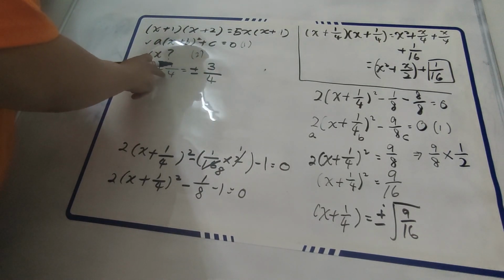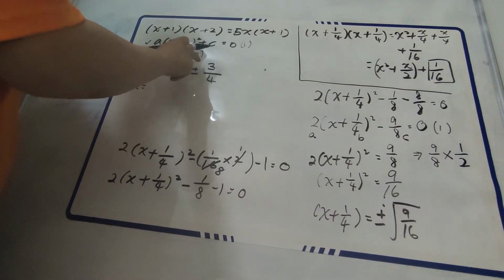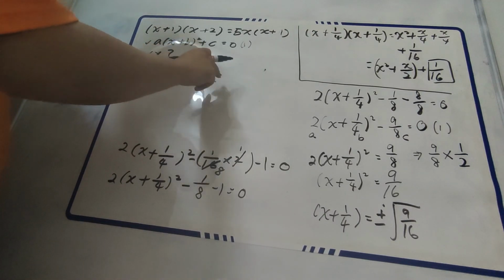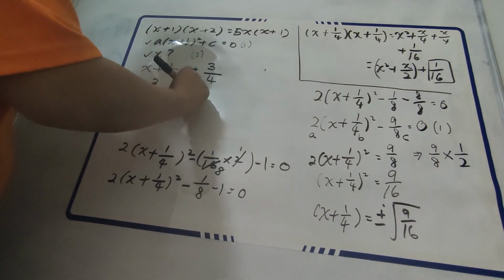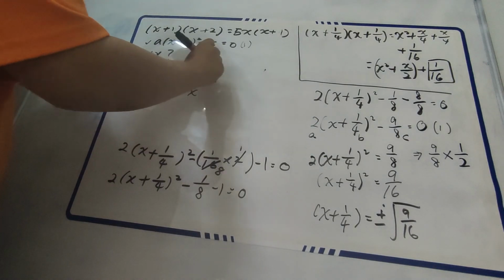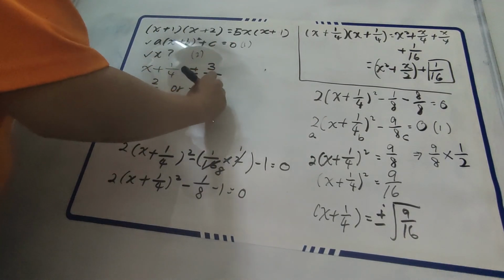So let's say you do the positive first. 3 over 4 minus quarter is 2 over 4, or your x is 3 over 4 minus quarter, equals to minus 1.